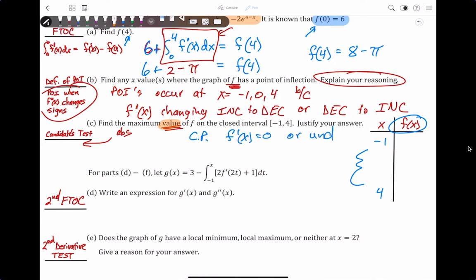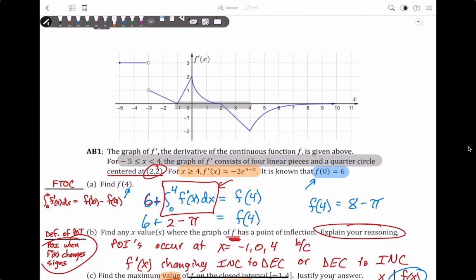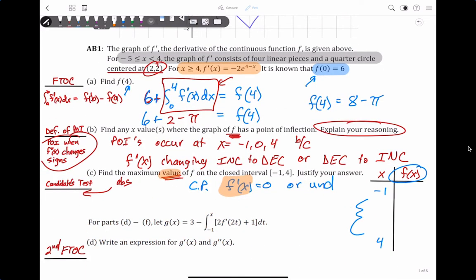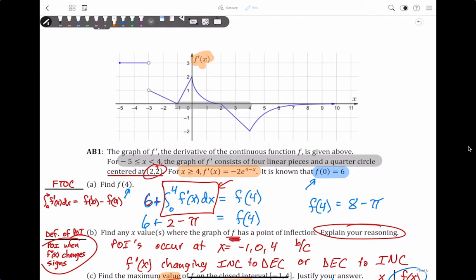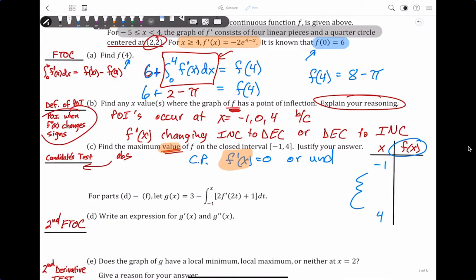Well, luckily, I have an f prime of x function up here. So I just need to see from -1 to 4, when is this graph going to be equal to 0 or undefined? Well, I know it's equal to 0 at 2. I know it's equal to 0 at -1, but because I already have -1, I'm not going to relist it. I'm just going to do the 2.